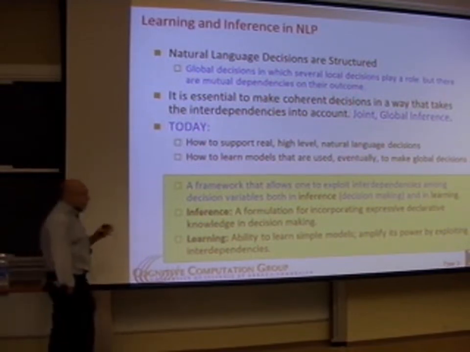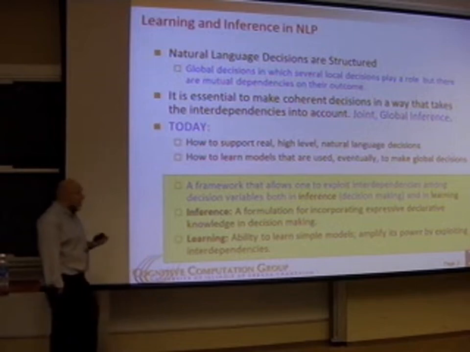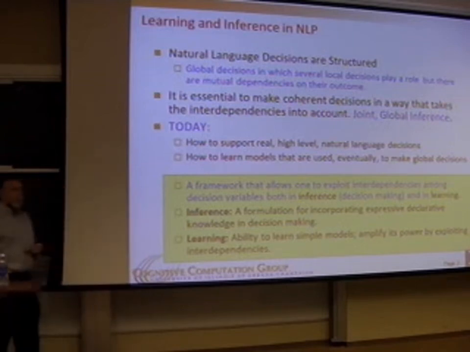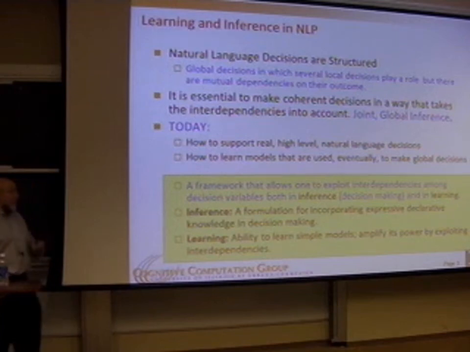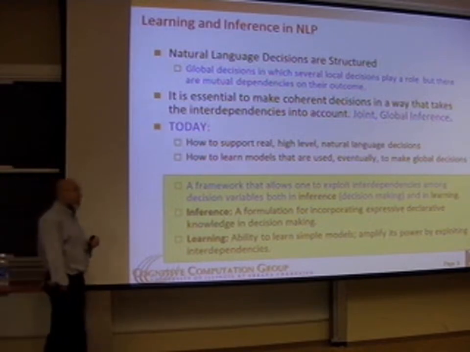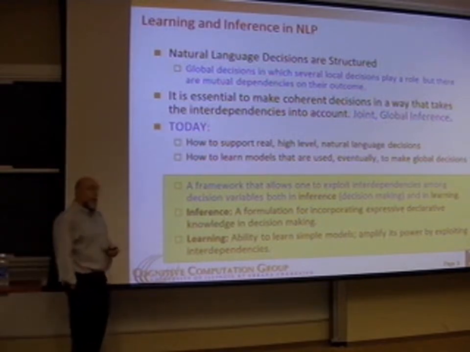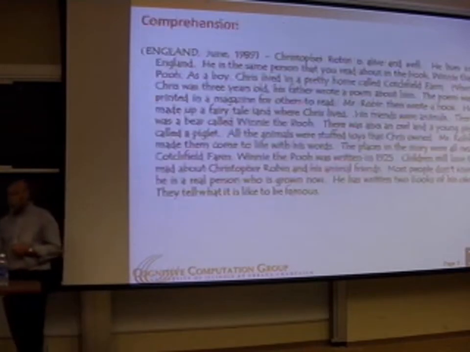I'll try to devote some time to both. In inference, the question is how to formulate something that allows one to incorporate expressive declarative knowledge in decision making. And in learning, the question is how can we learn tractable, simple models and amplify them using these interdependencies to eventually support these decisions.